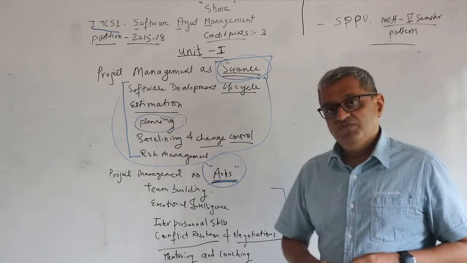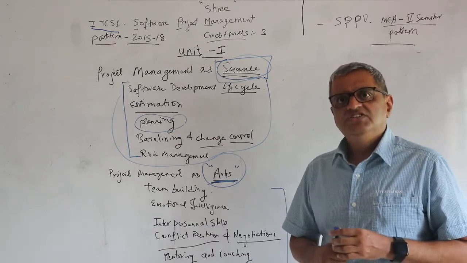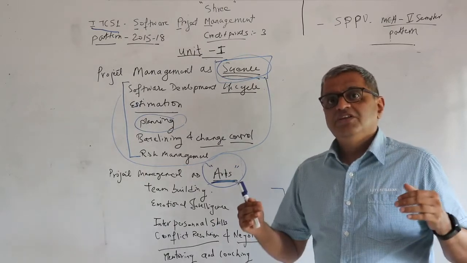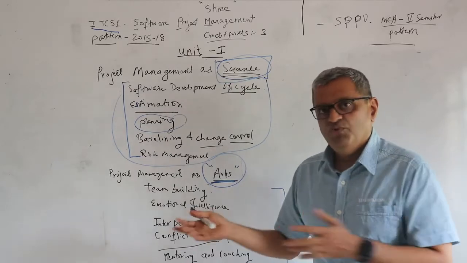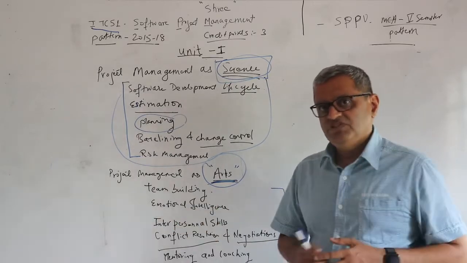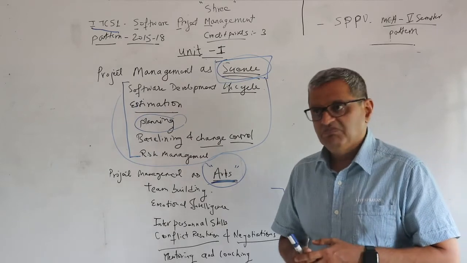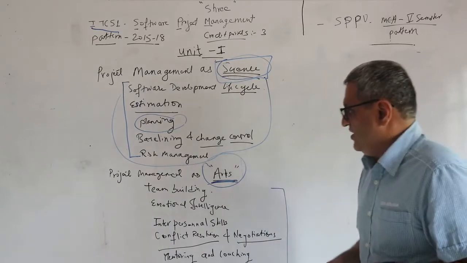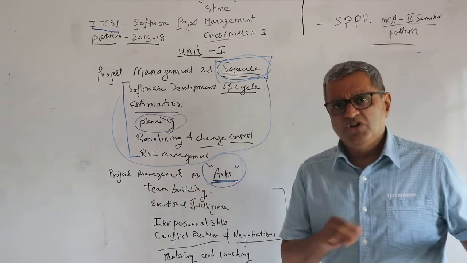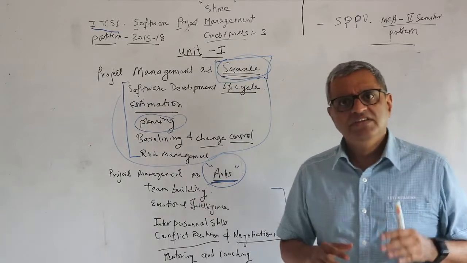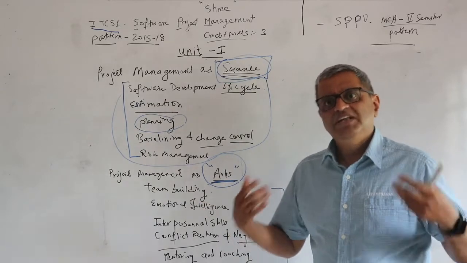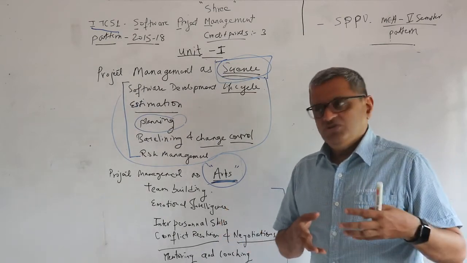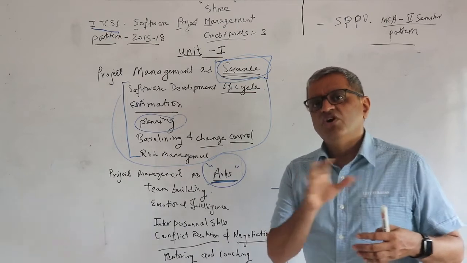Of course, when it comes to the project manager, he deals with lots of people, lots of suppliers, lots of vendors, and as I said in my previous video, there might be multiple parties involved in the overall development of software. So one of the key things in project management is ensuring that team building happens, ensuring that everybody works together, which is a very soft activity.